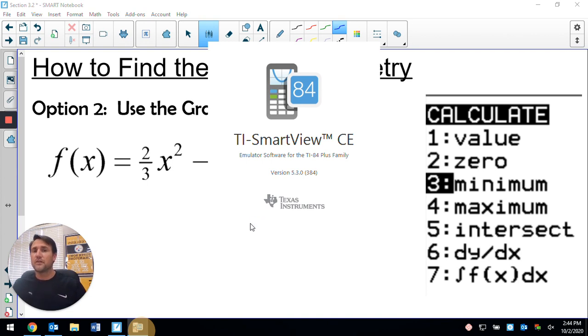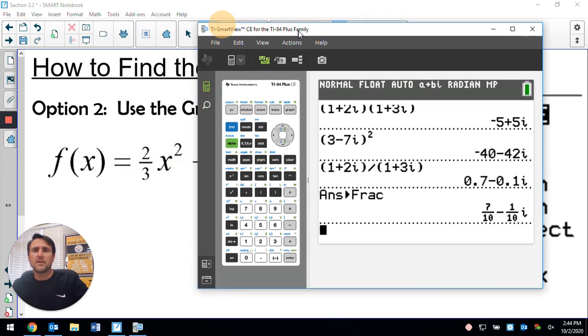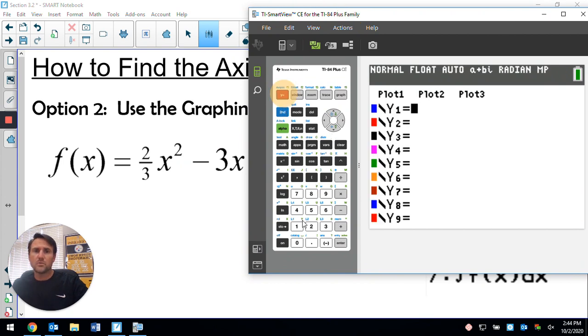I think we already know how to find a vertex point, right? And if you can use the vertex point on your calculator, then you should be able to just use the same thing. All right, so let's go ahead and do y equals.